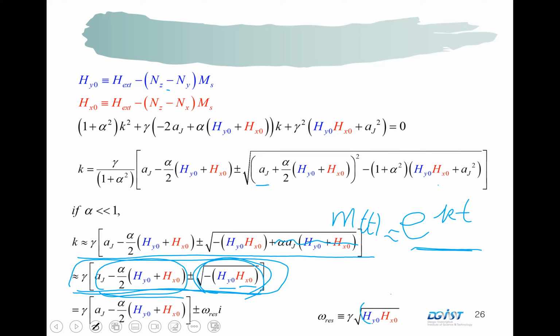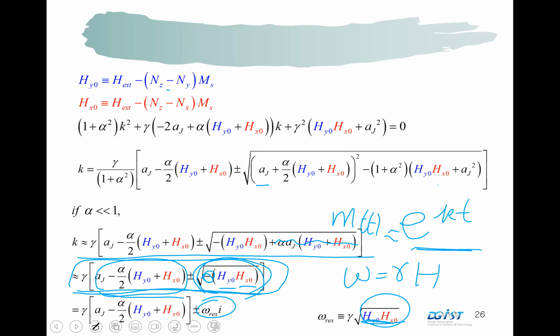So this is also a field. Multiplication of two fields and taking the root, the dimension is field, and the physical meaning is the geometrical average of these two fields. And if we multiply gamma with some field, we obtain omega, which is a frequency unit. And because of this minus sign, we have this form.